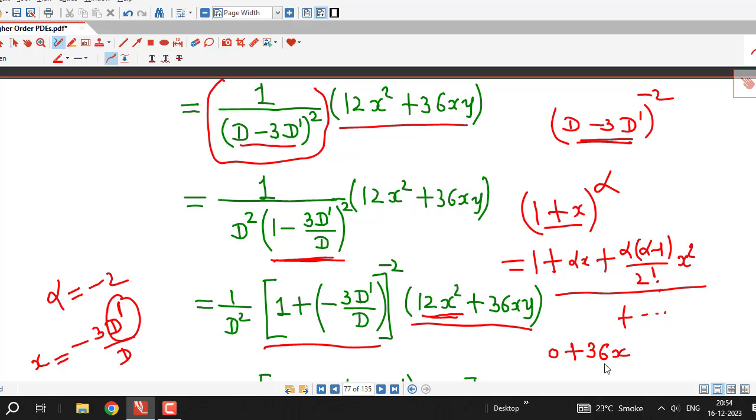Now this is going to be 36x, the first derivative with respect to y. Now in the next step we will have to write x squared, that is the square of this, which is going to be 9 D dash squared over D squared. So now again I have to differentiate this with respect to y, but there is no y here, so it becomes constant and its derivative is 0.